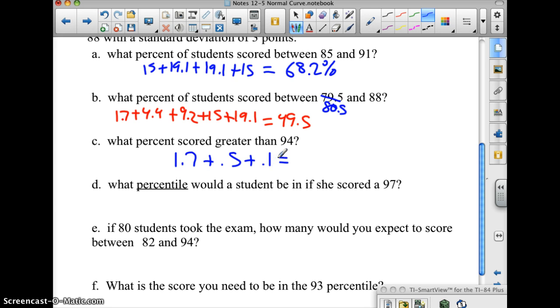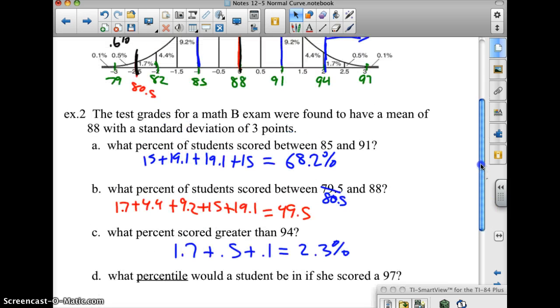All right, and you're going to add those together. 0.6 and 1.7 is going to be 2.3%.